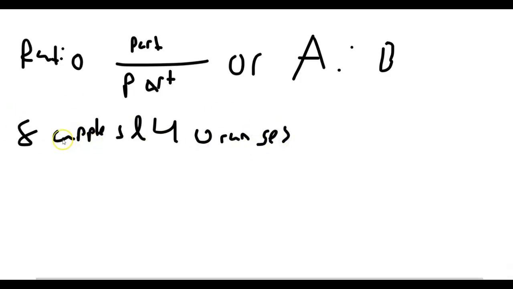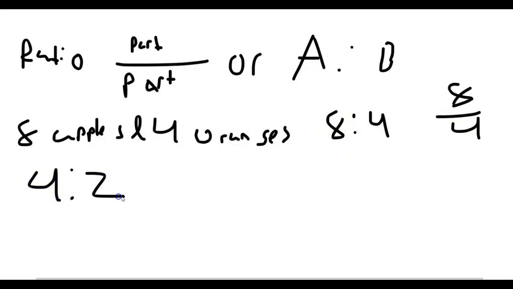The ratio would be 8 to 4, or 8 over 4. And we can bring this down to 4 to 2, and then just 2 to 1. So this is saying for every 2 apples, there's 1 orange.